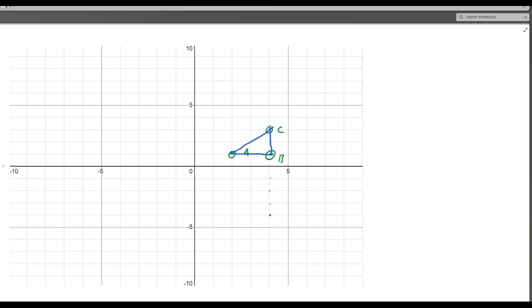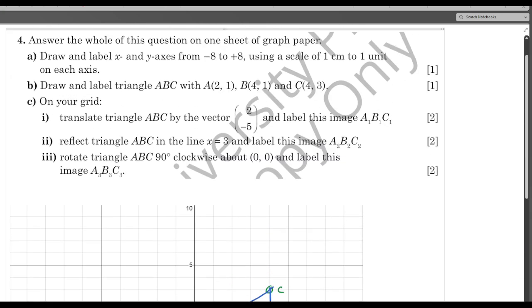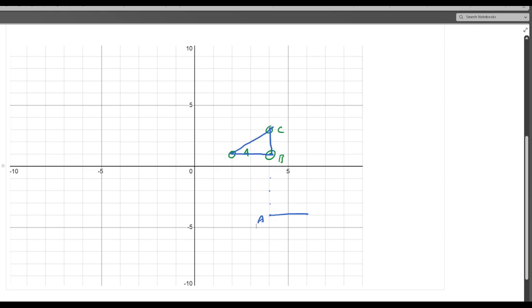So here will be your point A. The name they have given is A1 B1 C1. So this is your A1, then this is your B1, and then this is going to be your C1.